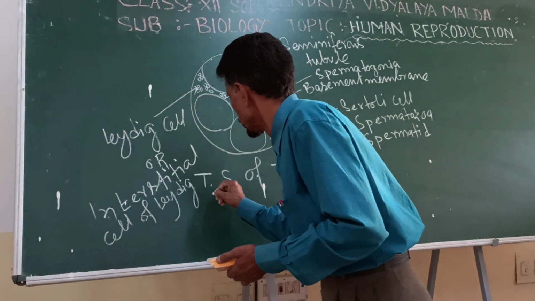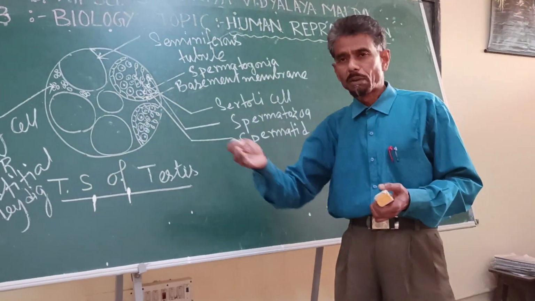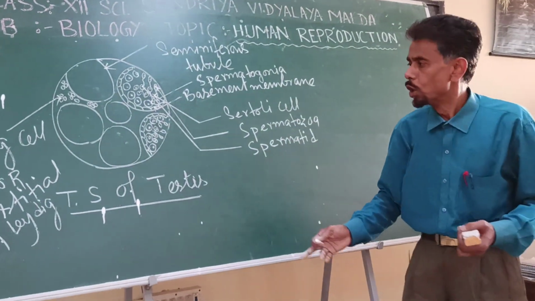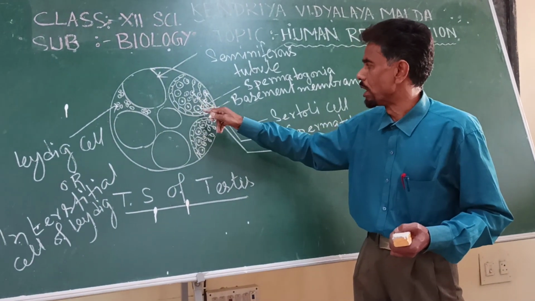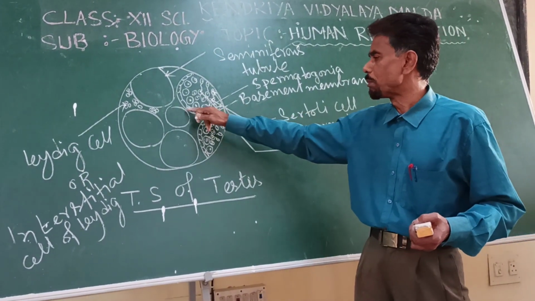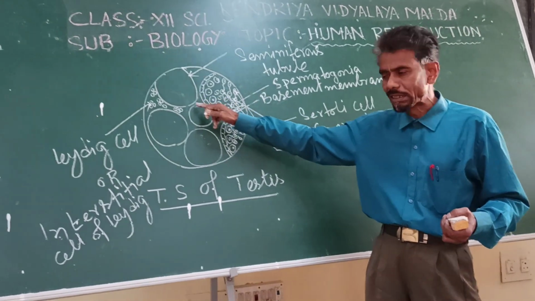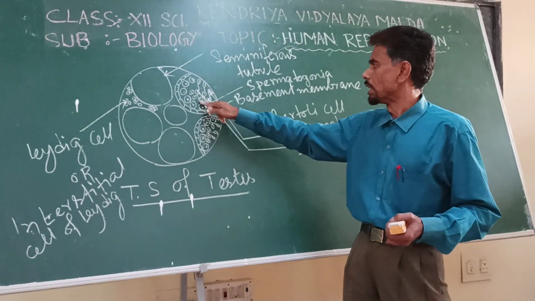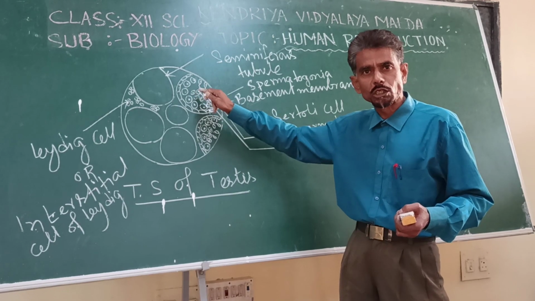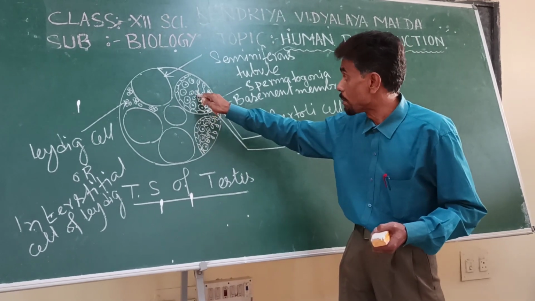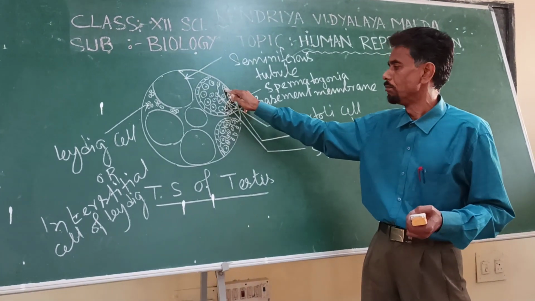So when we have gone through a TS, transverse section through testis, we found the seminiferous tubule. Within the seminiferous tubule, we have seen the basement membrane, the spermatogonial cell, the sertoli cell, the immature sperm, otherwise called spermatid, and mature sperm, spermatozoa.